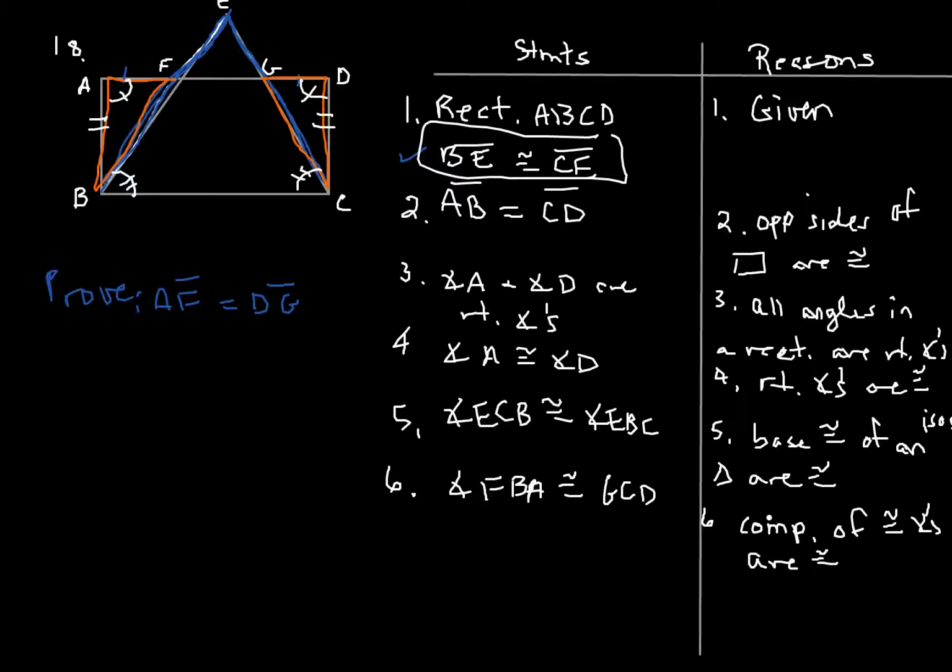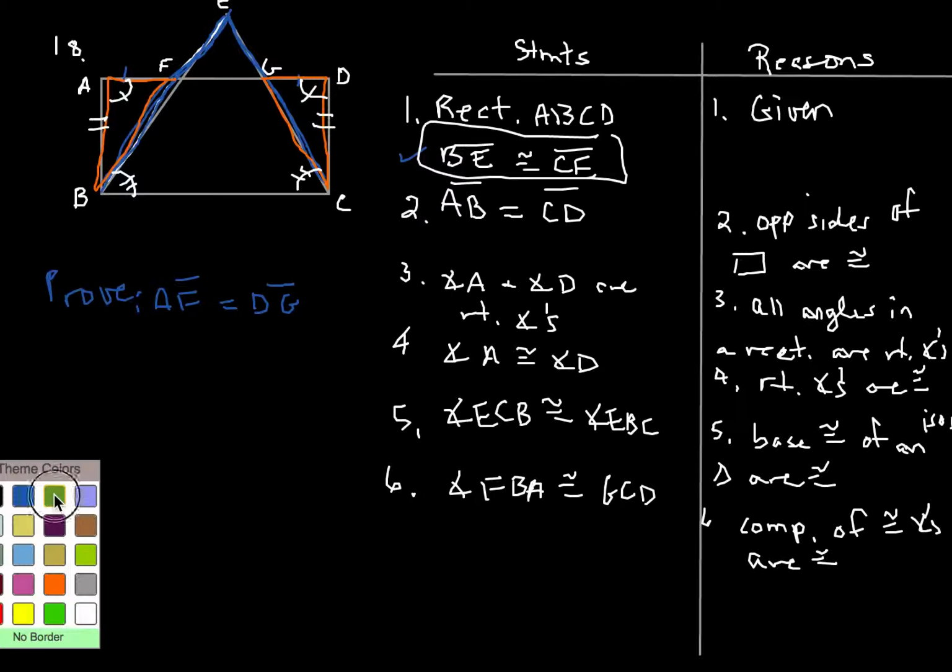I did this a different way the first time. I did alternate interior angles are congruent. That's an interesting way to do it too. When you do proofs, there's sometimes more than one way to do them.